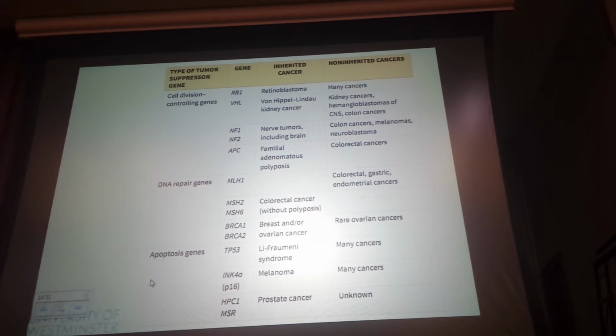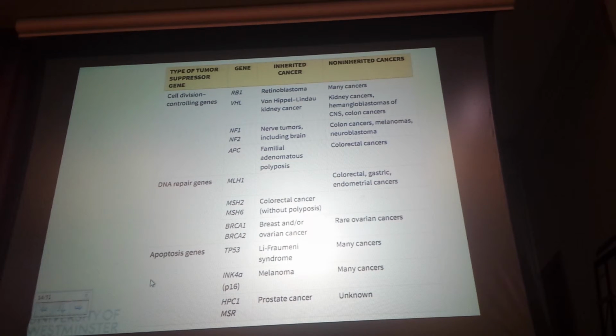So here is an example. It's a table. There are lots of different genes, but to show you, in the learning outcomes I told you that you will see in which biological processes these oncogenes and tumor suppressor genes are involved. You can see that some of these tumor suppressor genes are involved in cell division, in controlling genes.